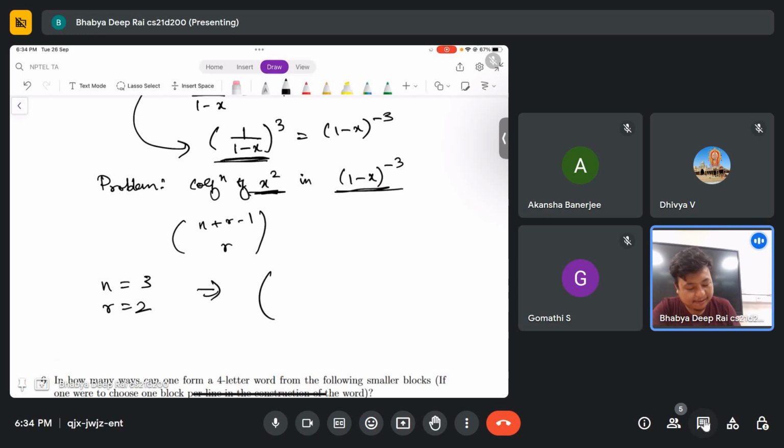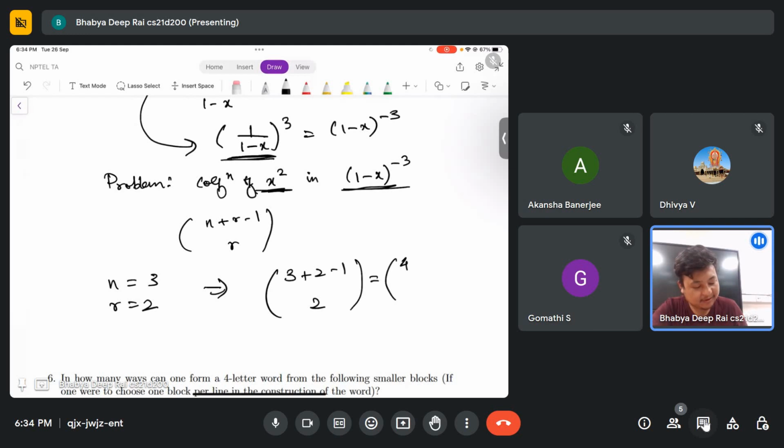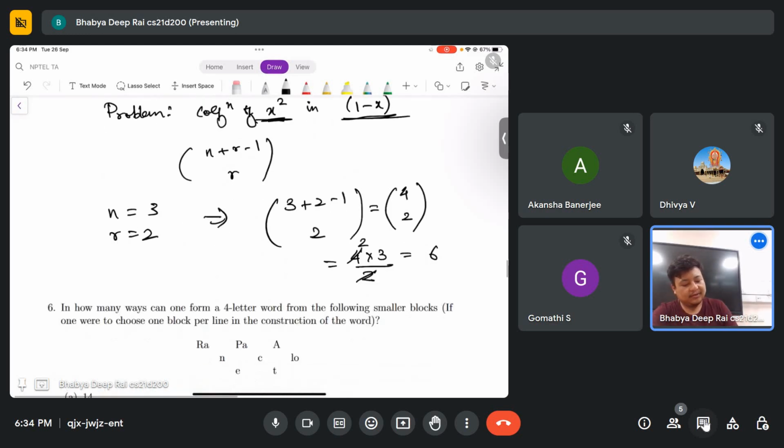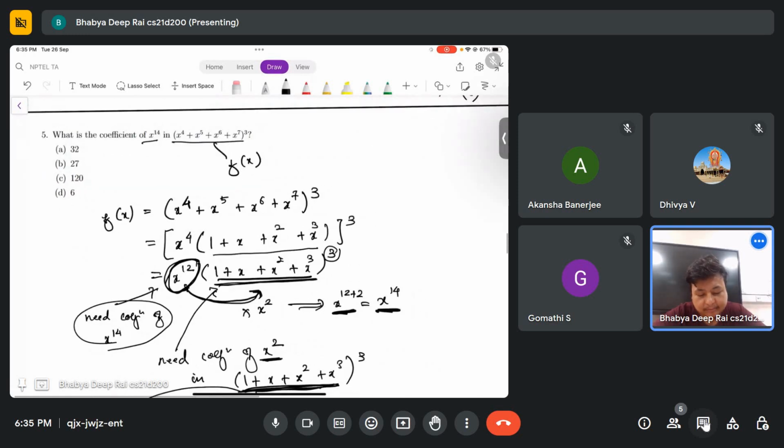So this means we need 3 plus 2 minus 1, choose 2, which is 3 plus 2 is 5 minus 1 is 4, choose 2, which is equal to 4 times 3 by 2 factorial, which is 2. So 12 by 2 is 6. So the answer is D. Right. So that was my answer.